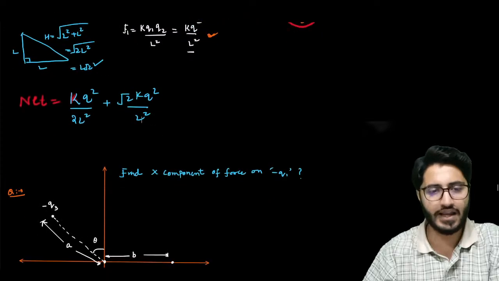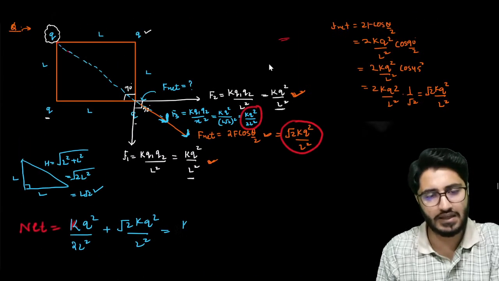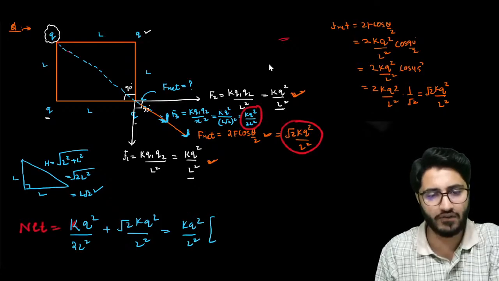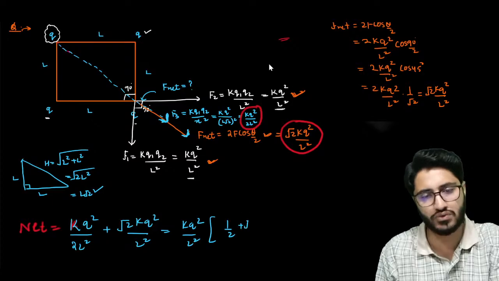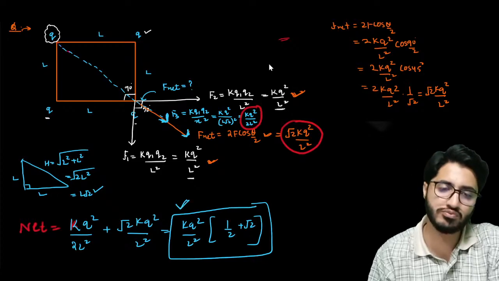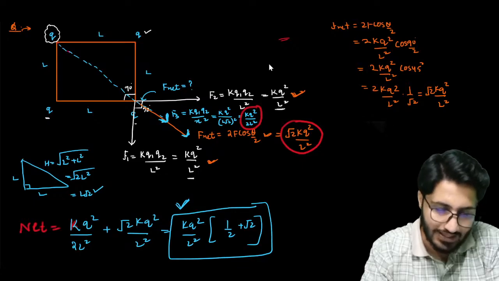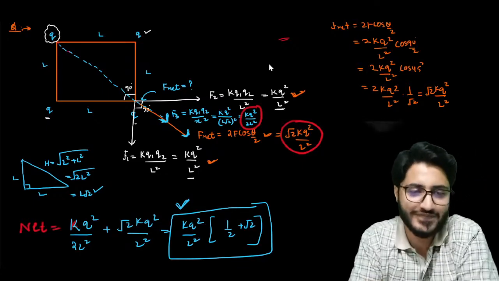Now I will take K Q square by L square common. Then internally we have 1 by 2 plus root 2. So this is my answer to this particular numerical. This is how we can get the answer. Easy.